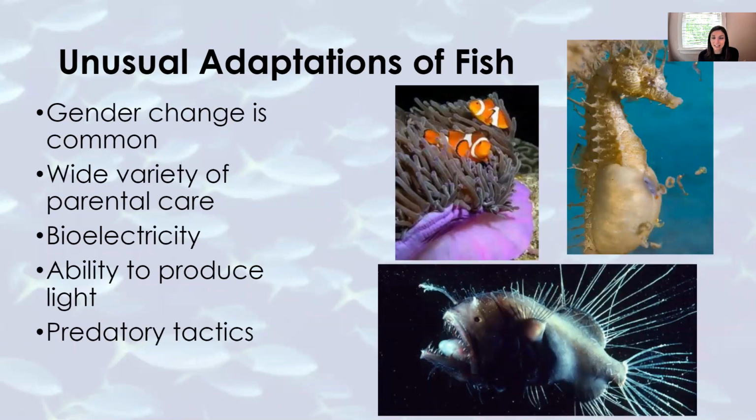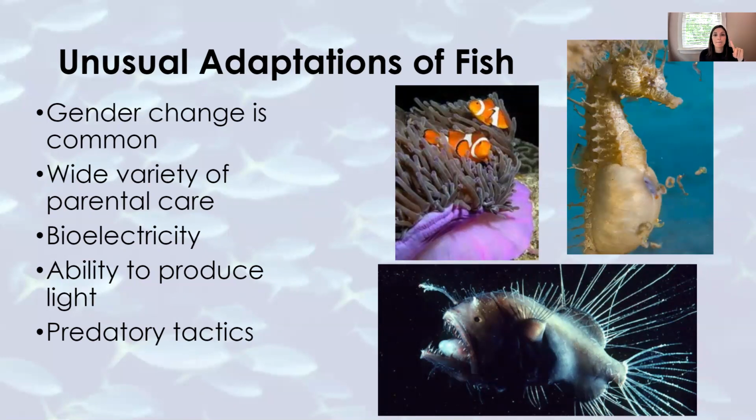Another very interesting adaptation that we see in a lot of fish, but is pretty unique to fish, is gender change. So like switching from male to female in the course of one individual's life. Clownfish, like Nemo's, are an example of that. Each sea anemone typically has one breeding pair.